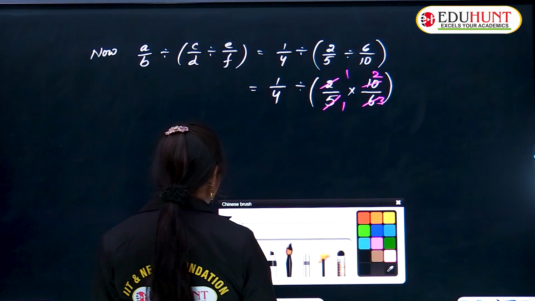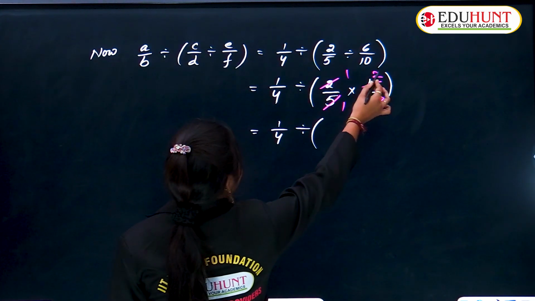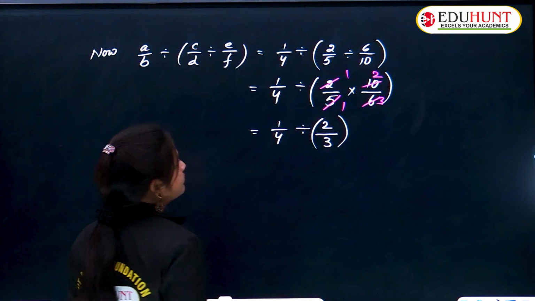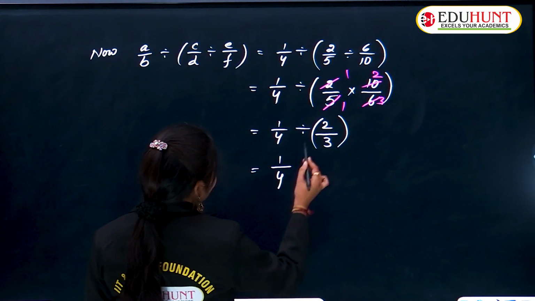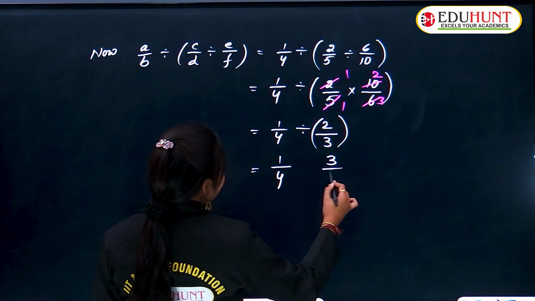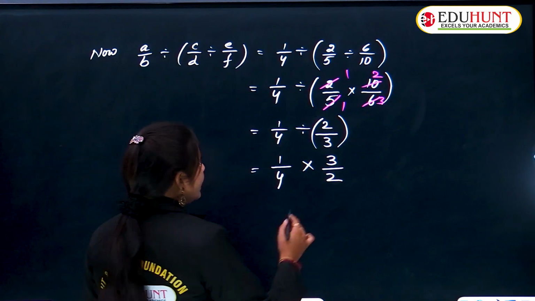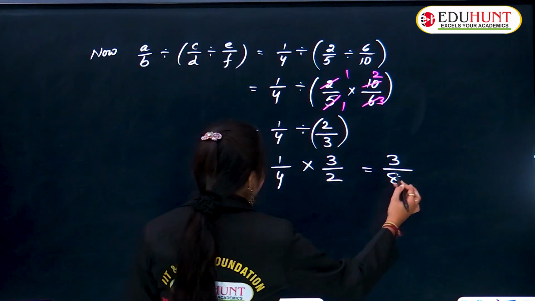Finally, what is the answer here? 1 by 4 divided by 2 by 3. 2 by 3 becomes 3 by 2 and division becomes multiplication. Okay. Now here 1 into 3 is equal to 3 by 4 twos are 8.